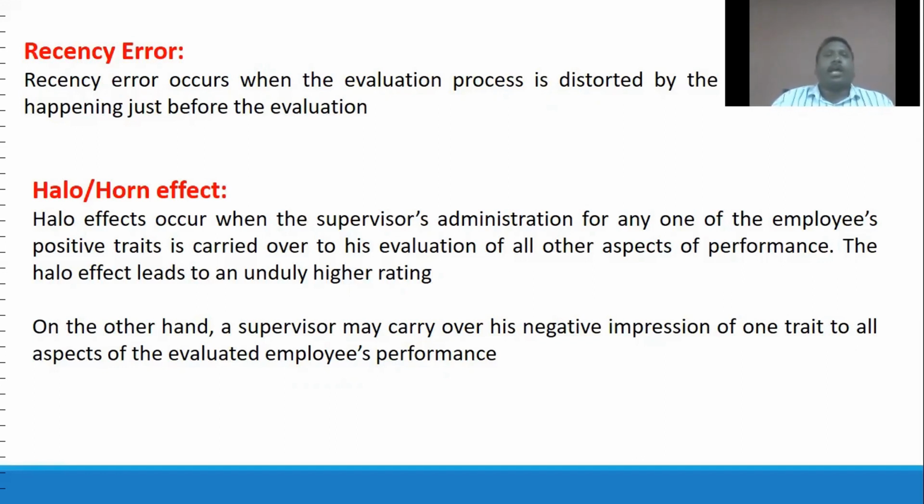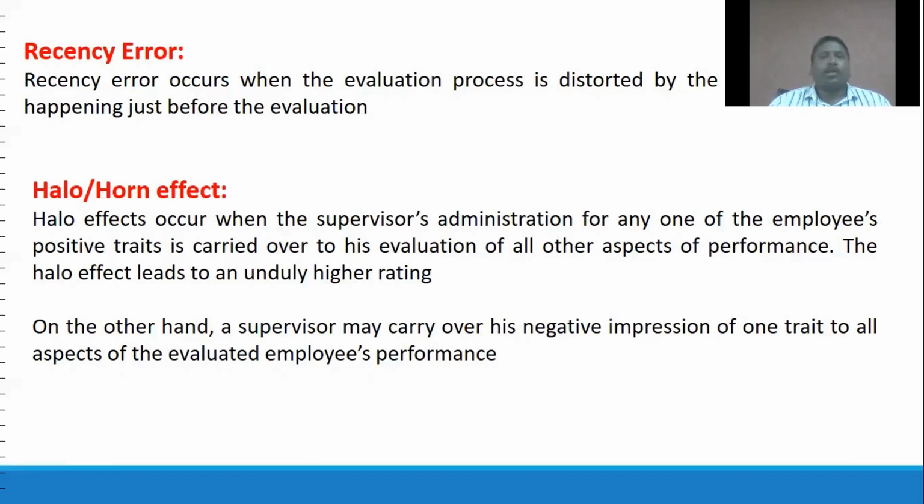Next one is halo error and horn error. Halo error occurs when the supervisor's admiration for any one of the employee's positive traits is carried over to his evaluation of all other aspects of performance. So the rater will consider the positive traits of the employee and try to give a high rating for that. And horn error is when the supervisor carries over his negative impression of one trait to all aspects of the evaluated employee's performance.